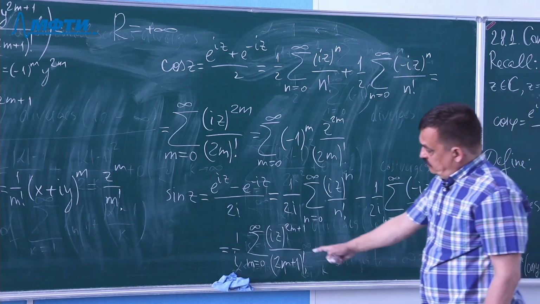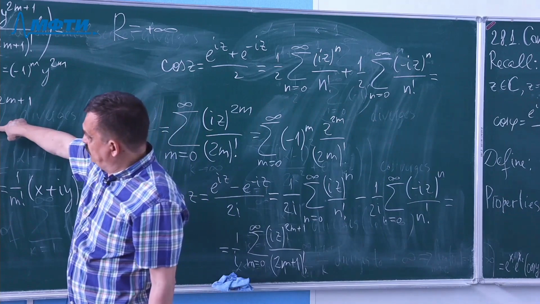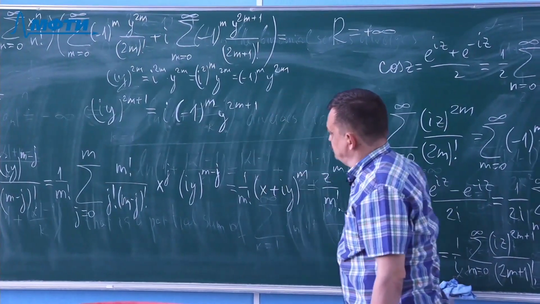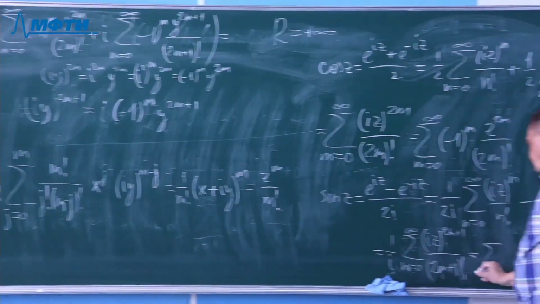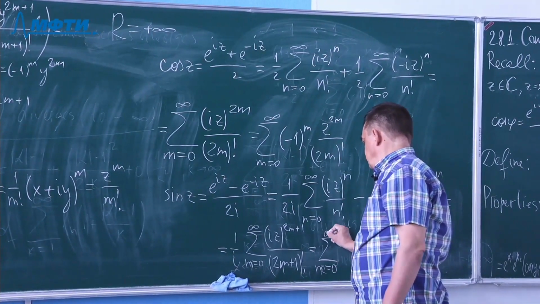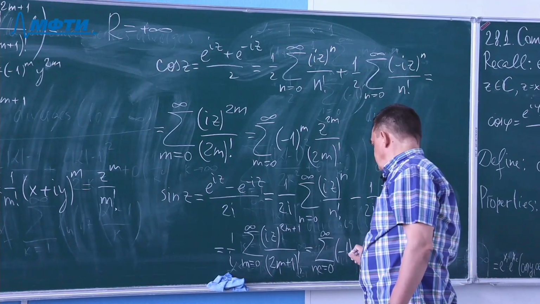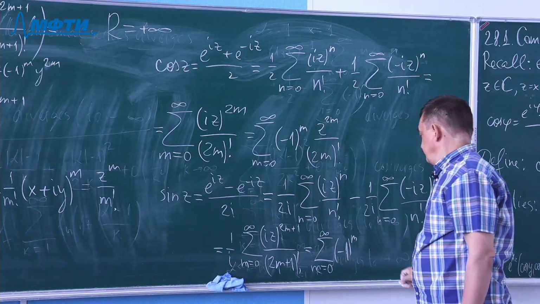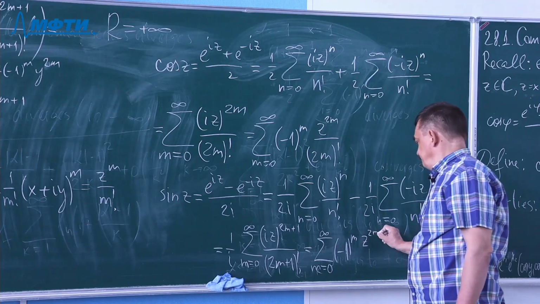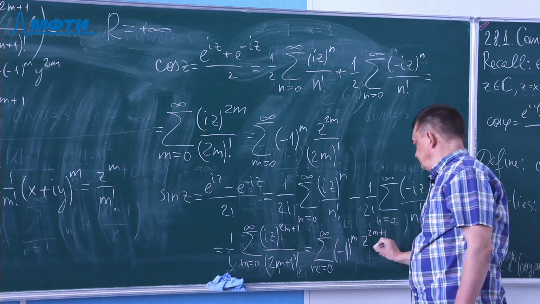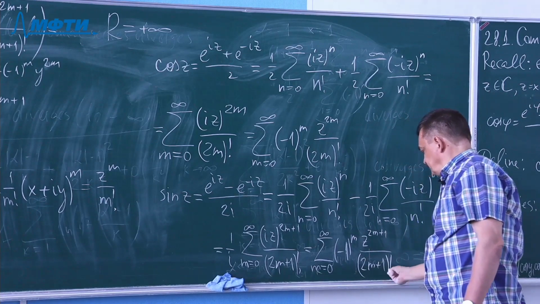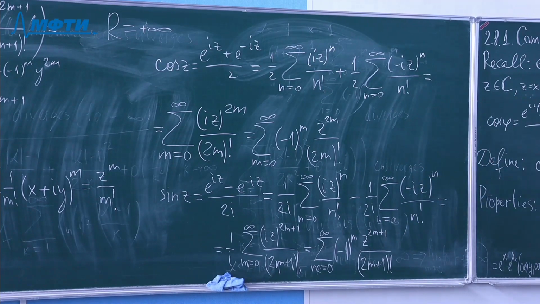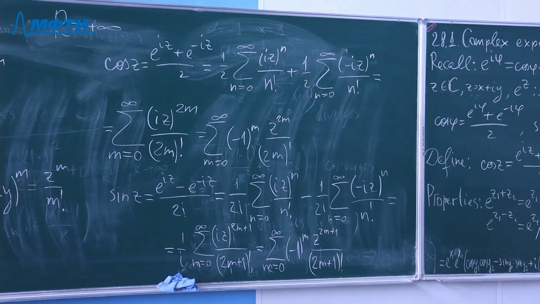And now iz to the power 2m plus 1, I computed, is i times minus 1 to the power m, cancel i, and we have precisely what we wanted to prove. And the theorem is proved completely, right?